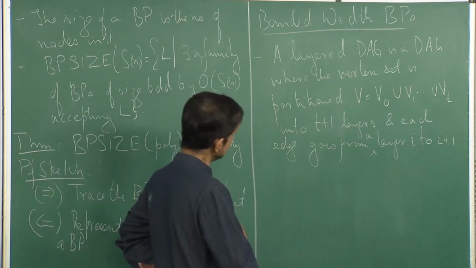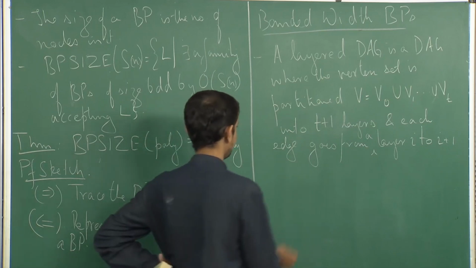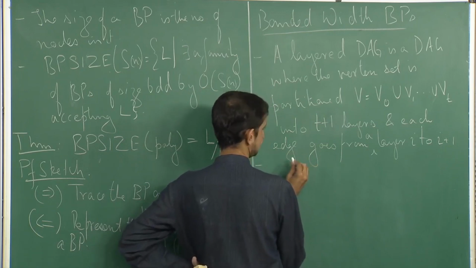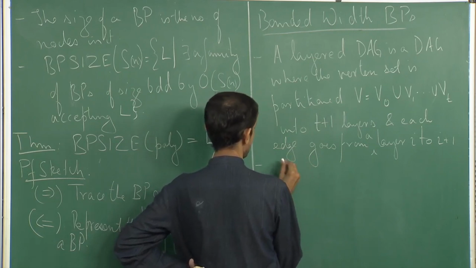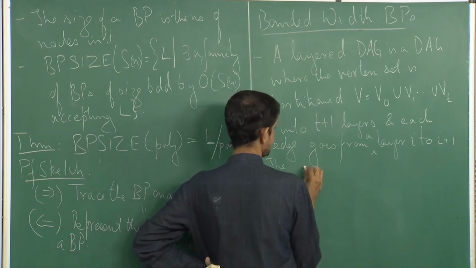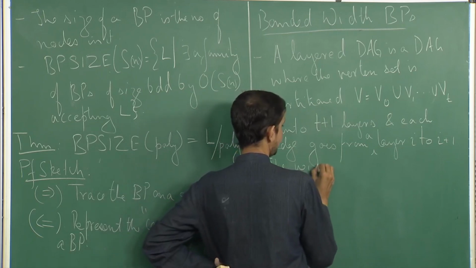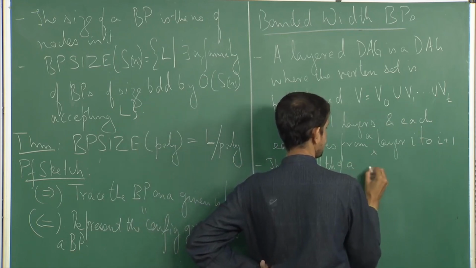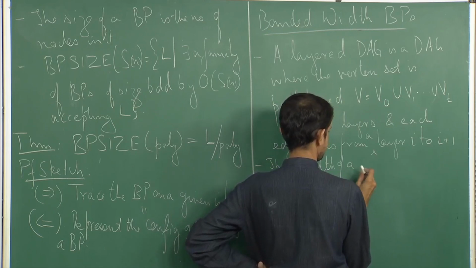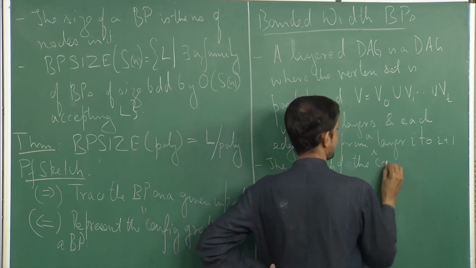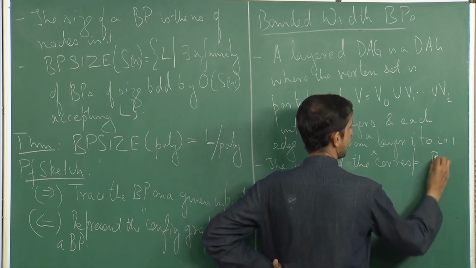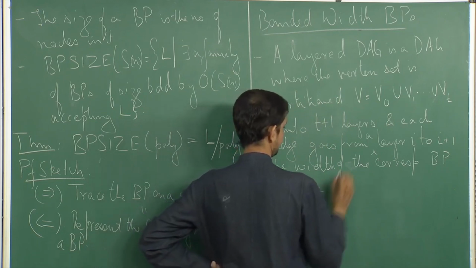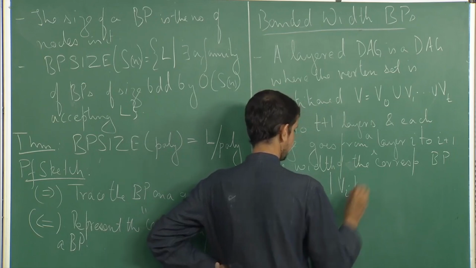Okay, so we have a layered DAG, and the width of the corresponding branching program is equal to the maximum over I of the size of all the VI's.